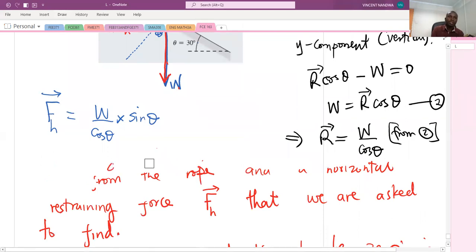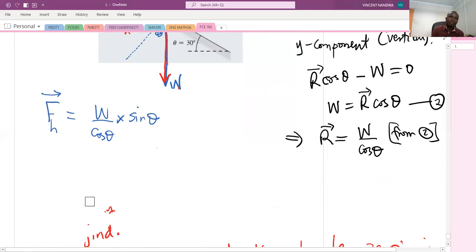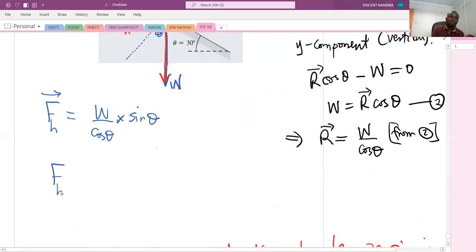So the restraining force F H is simply given by the weight times tan of theta.